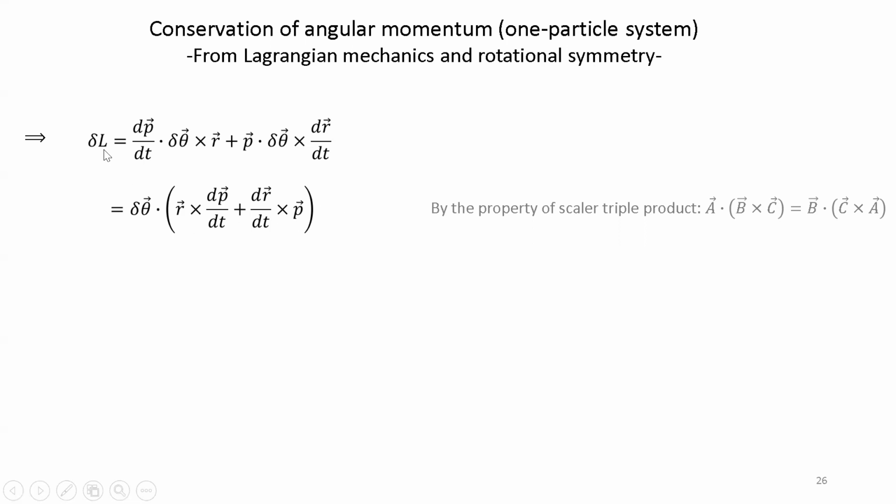It's nice because we can express delta L in terms of some term dotted with delta theta itself. Now this one should look pretty familiar. This is exactly the time derivative of r cross p. So delta L equals delta theta dot the time derivative of the angular momentum.